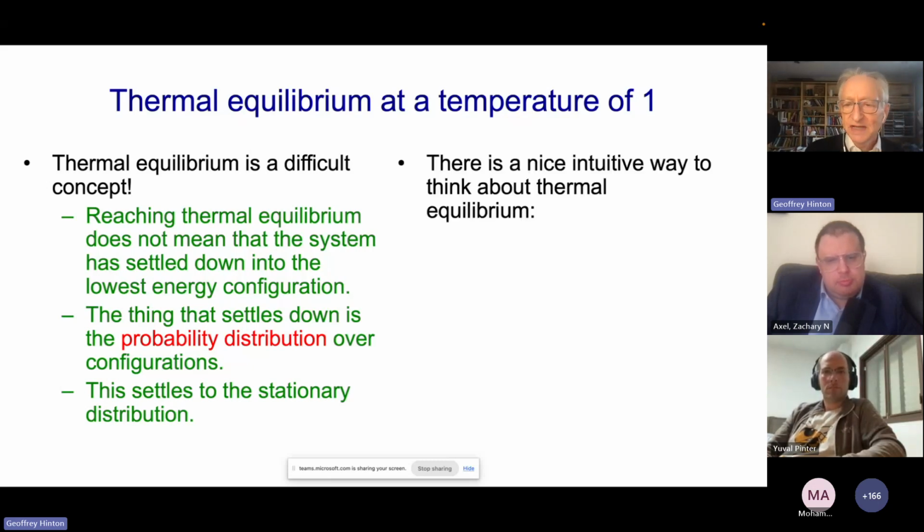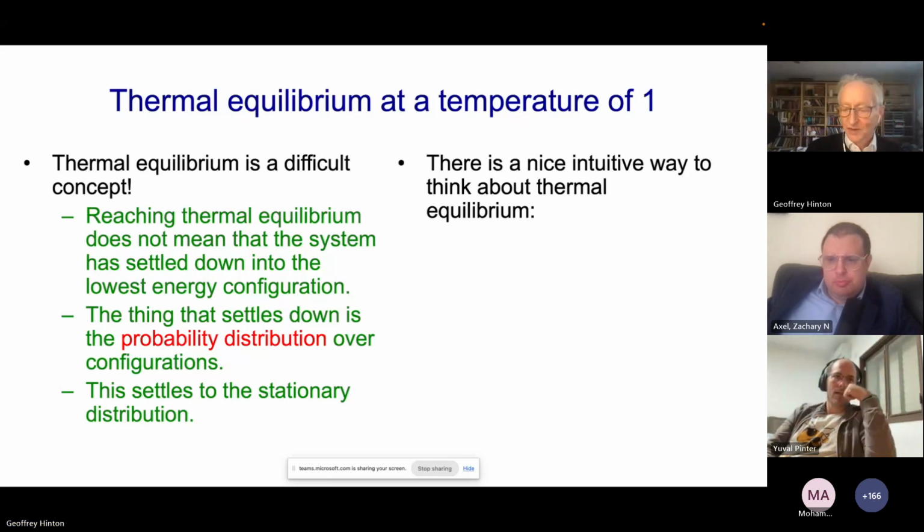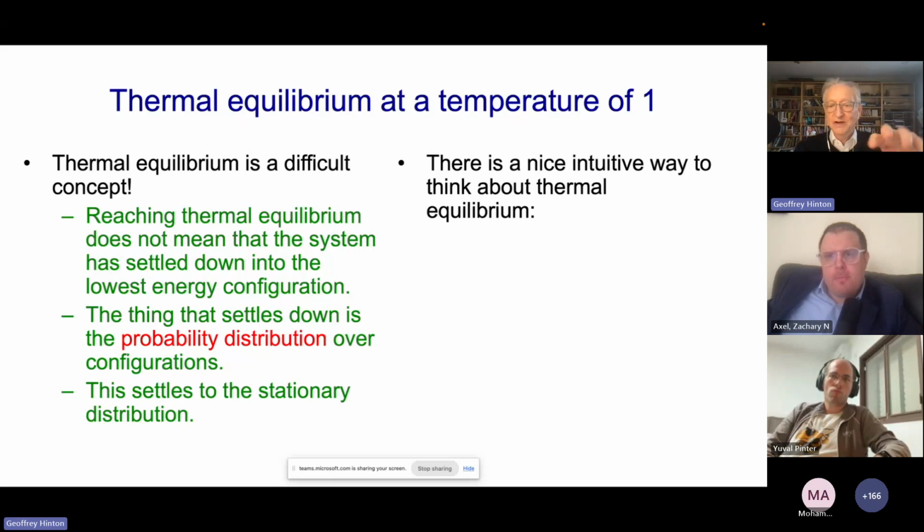An intuitive way to think about it is to imagine a whole bunch of identical systems, but you're using a different random number generator when you decide whether to turn things on or off. So you look at the energy gap. If the energy gap's positive, you typically turn things on, and if it's negative, you typically turn things off. But it's a stochastic decision rule, so if the energy gap's close to 0, you might turn things on or off.